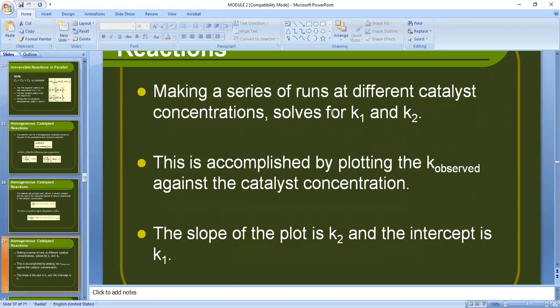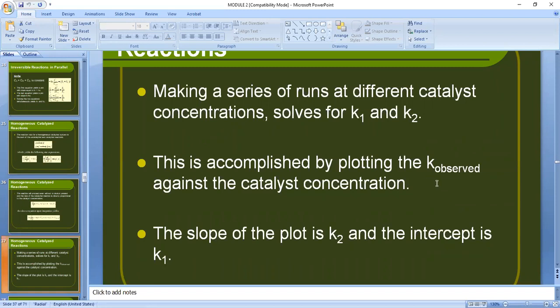So making a series of runs at different catalyst concentrations will allow you to solve for K sub 1 and K sub 2. Now, if you again go back to the plotting, if you plot the line, the slope of that particular line is the K observed.